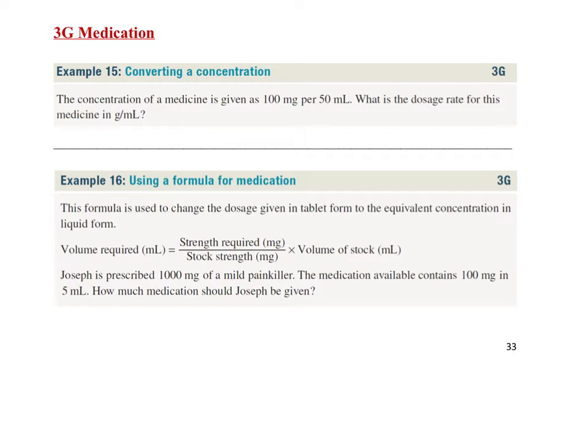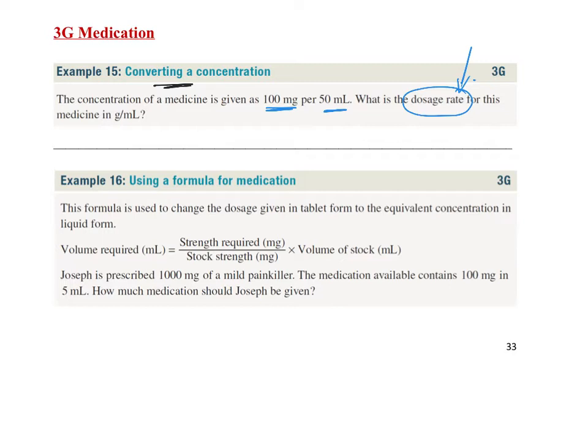So the first type of example is all about converting a concentration. So let's have a look at this example so we get an understanding. It says the concentration of a medicine is given in 100 milligrams per 50 mils. What is the dosage rate? What does the word rate mean?